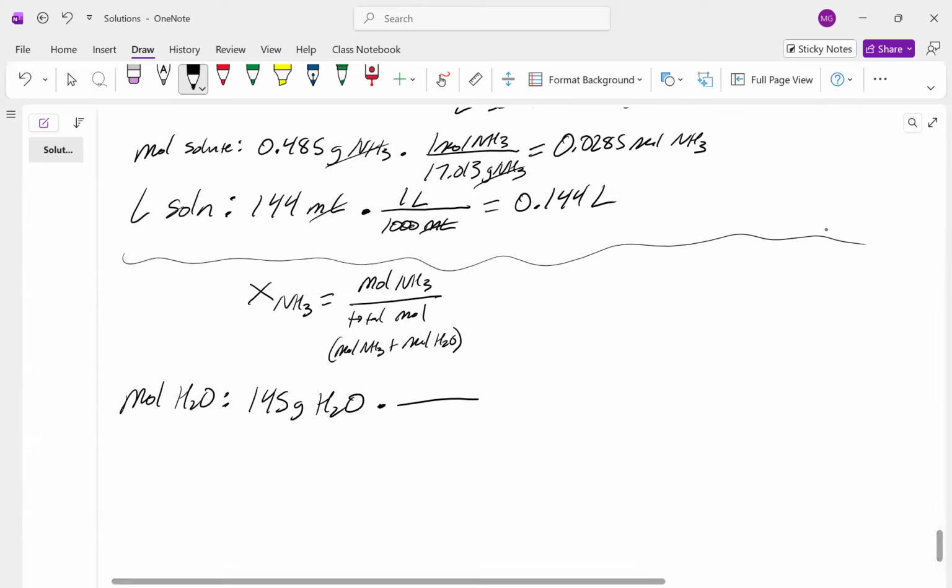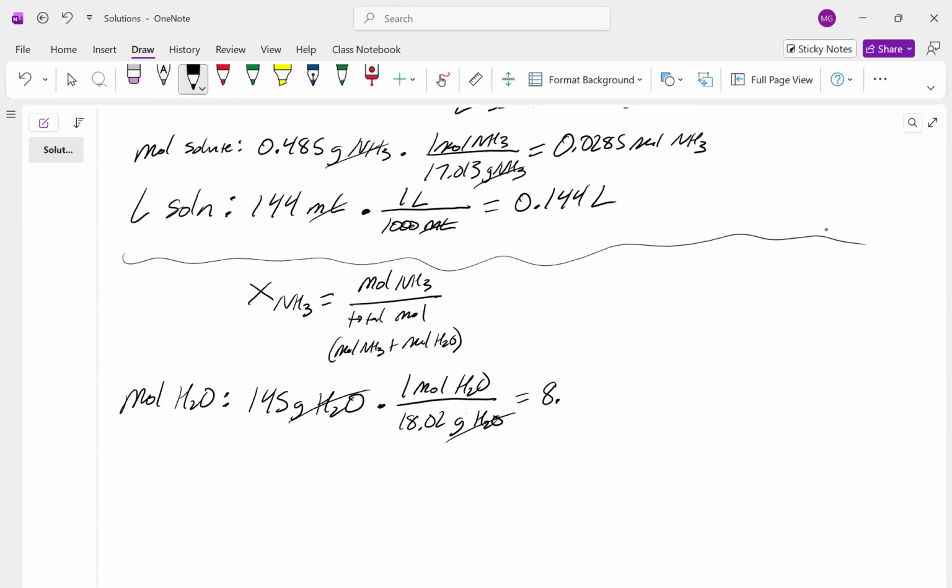Okay, so we have 1 mole of water, 0.145 kilograms. Wait, why did I say kilograms? It should be 18.02 grams of water. Sorry, I was looking at my wrong notes. And that comes out to 8.0466 moles of water.